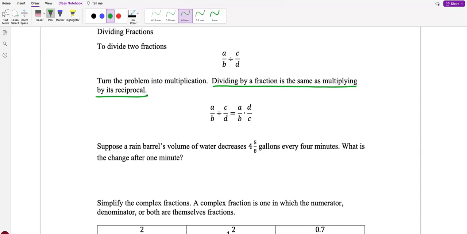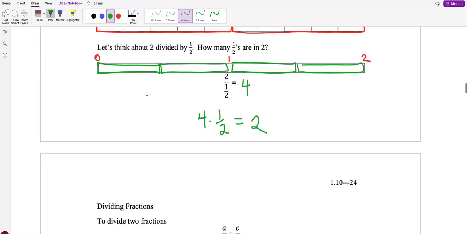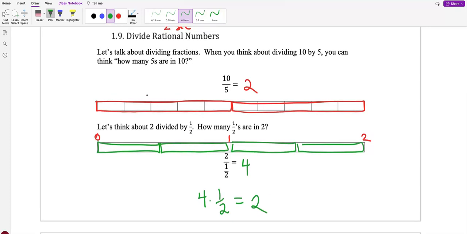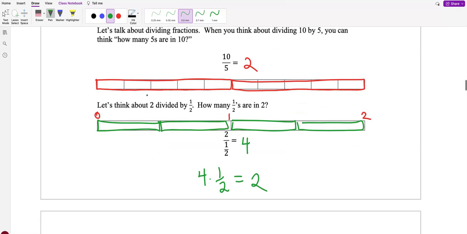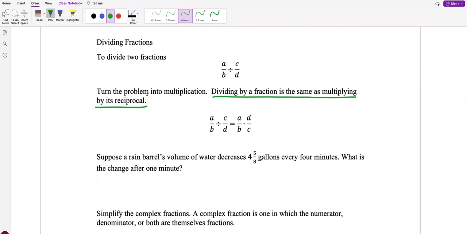If you multiply, the reciprocal of 1/2 is 2. 2 times 2 is 4. So I can turn the division into multiplication. So in this case, a over b divided by c over d is the same as a over b times d over c. So all you do is, instead of dividing by this number, you multiply by its reciprocal.